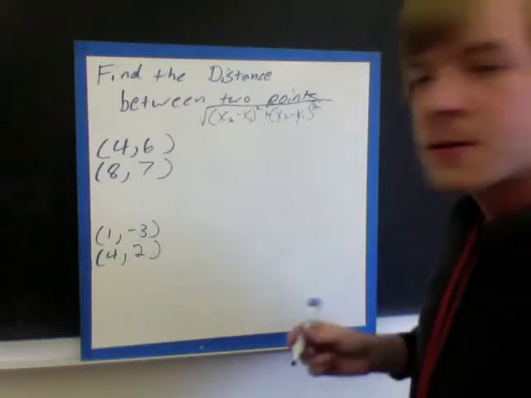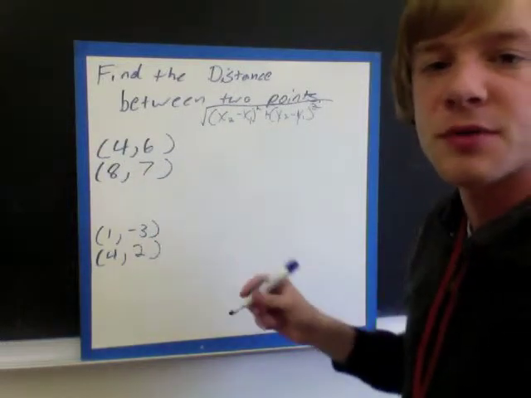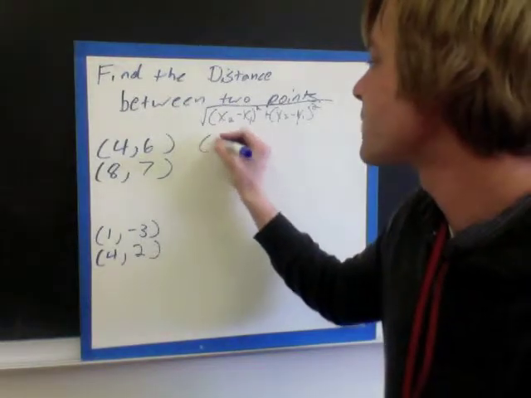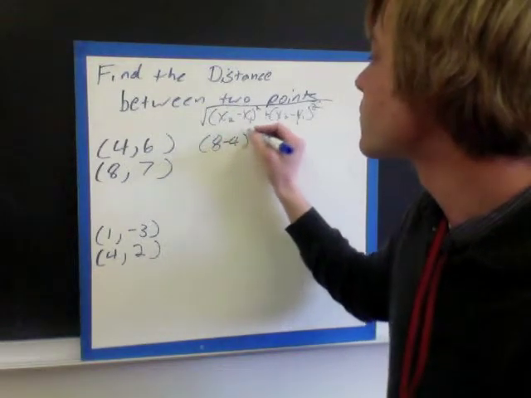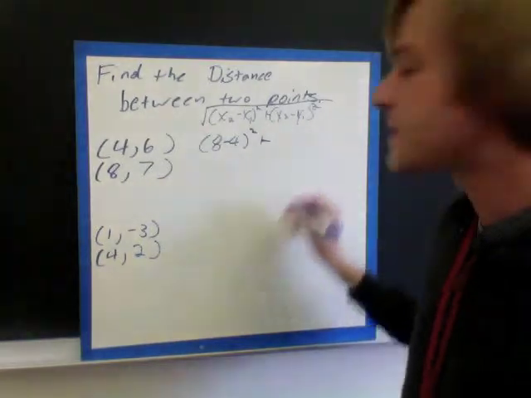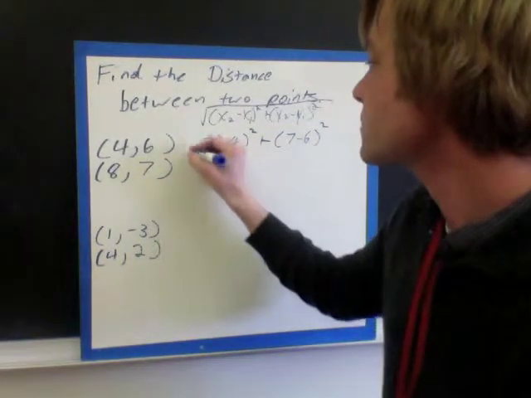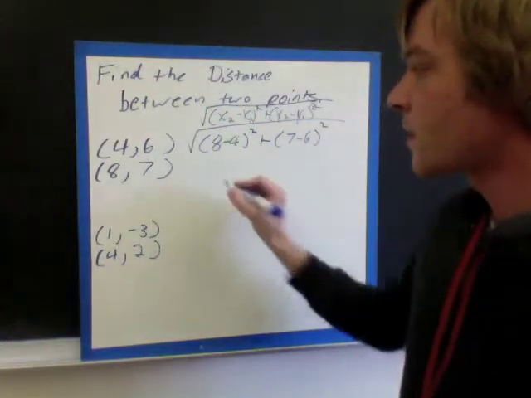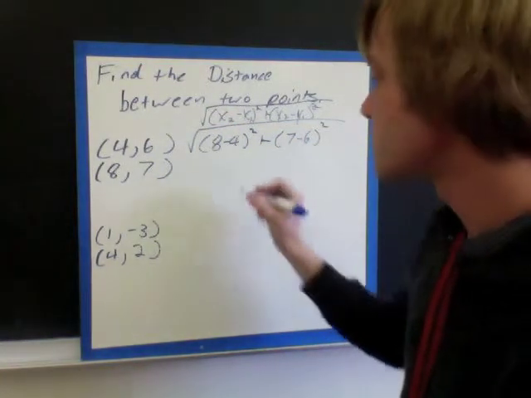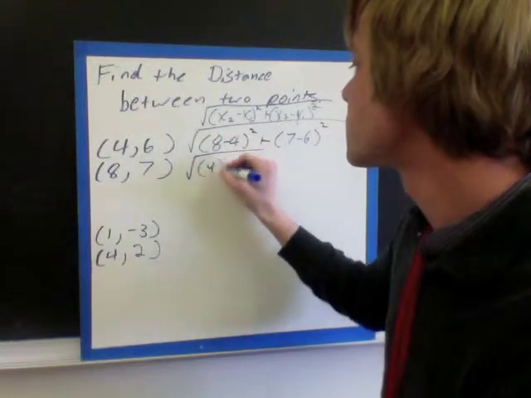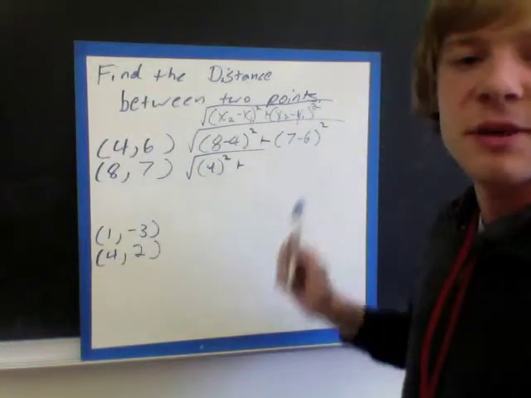So here, if I'm plugging in my points from this one, I'm going to have 8 minus 4, and then 7 minus 6. Eight minus 4 will give us 4. And then 7 minus 6 gives us 1.